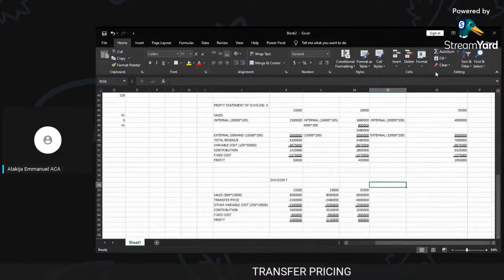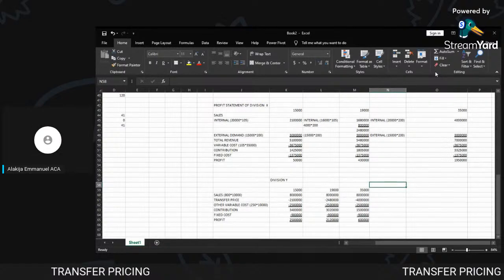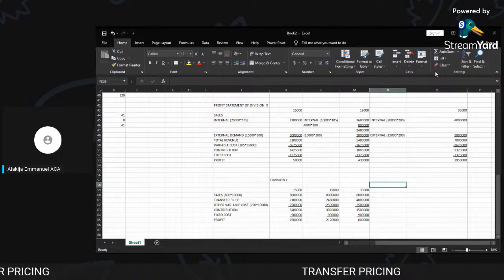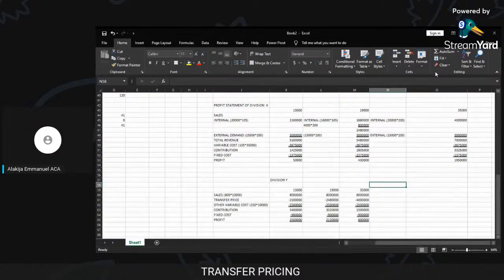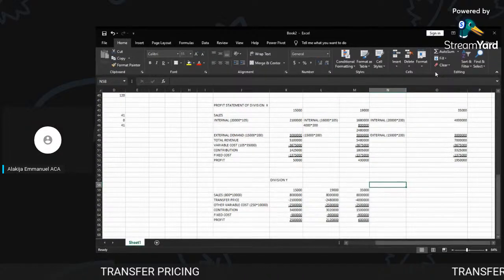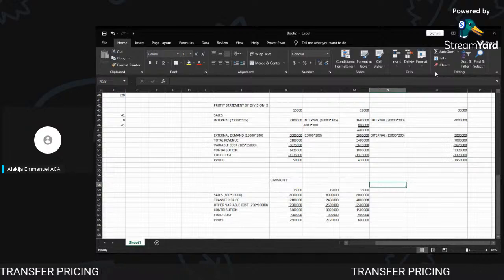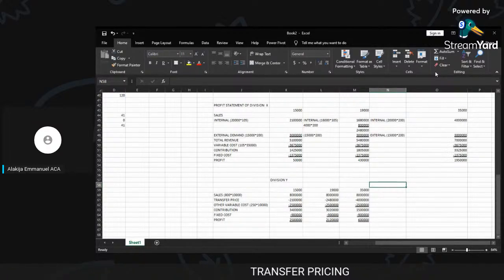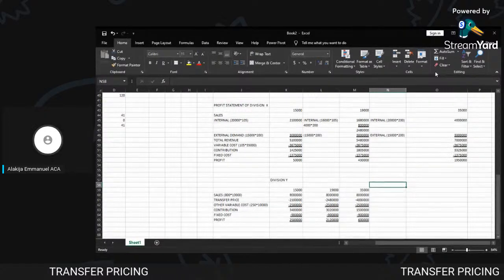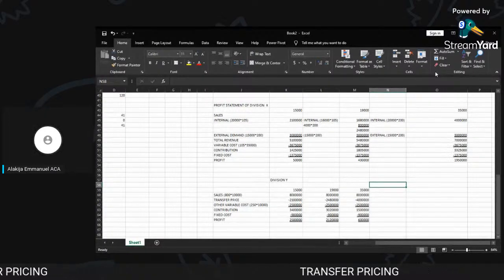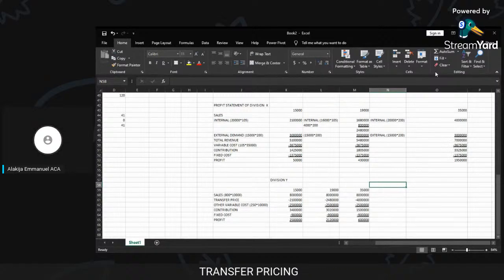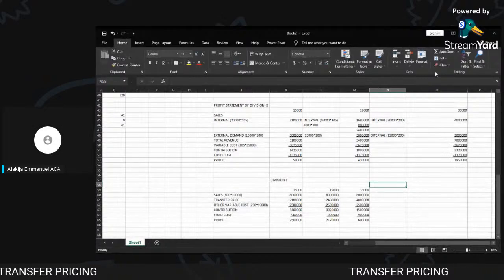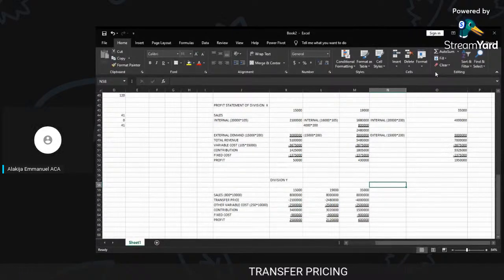So the next requirement says that calculate the financial impact on the group if Y division ignored the transfer pricing policy and purchase the 20,000 component that it needs from an external supplier for 170 naira each.